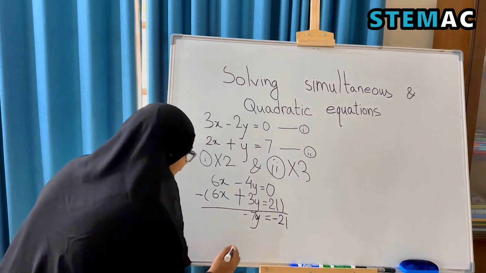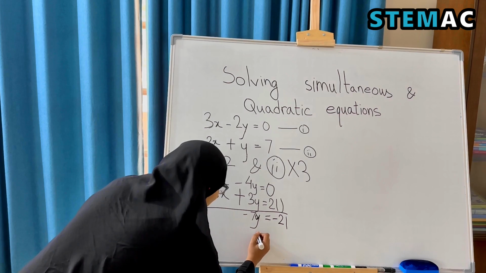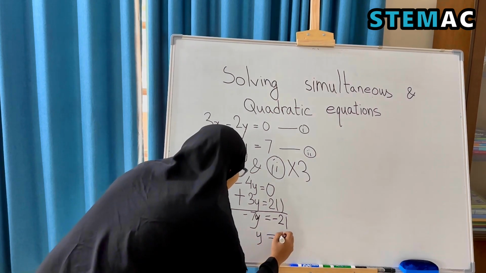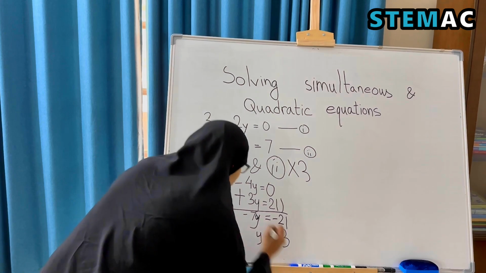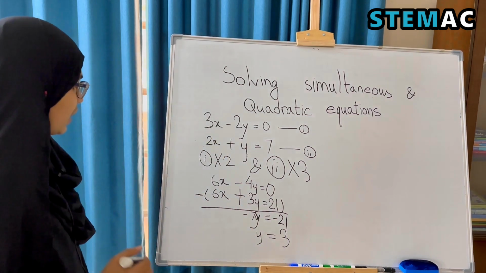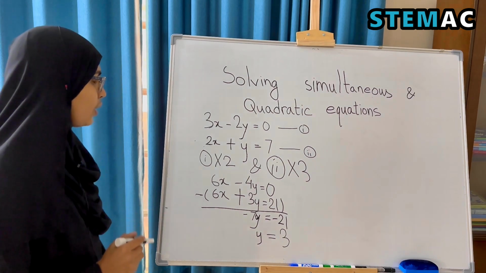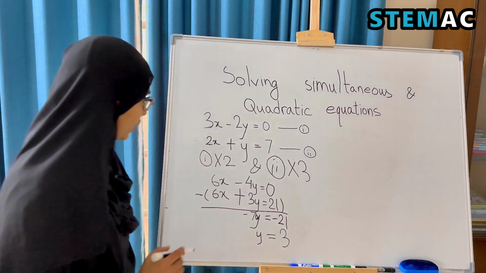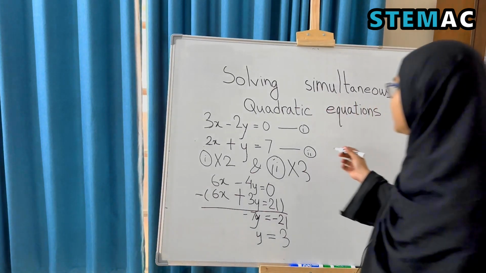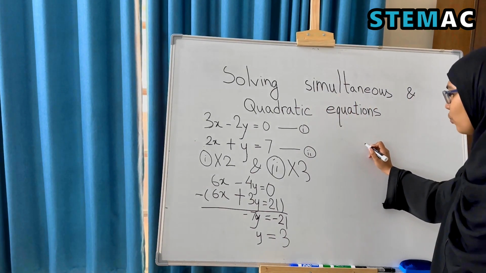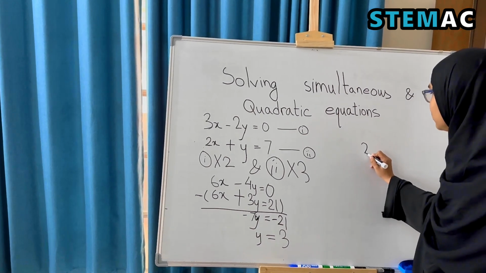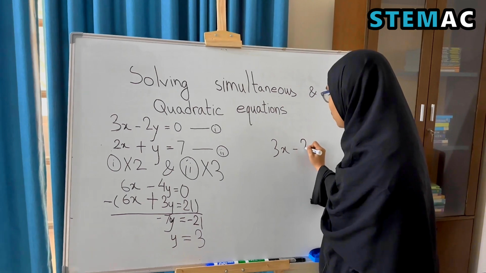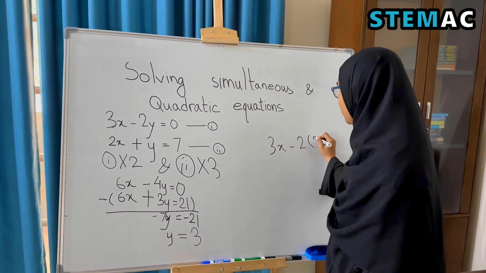So that means we get y equals minus 21 by minus 7, and that makes y equal to 3. So now that we have y equals 3, we can put the value of y in any of the equations to find the value of x. So let's say I'm going to put the value of y in equation 1: 3x minus 2 into 3.